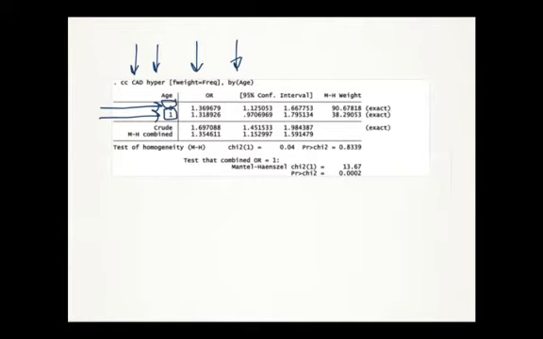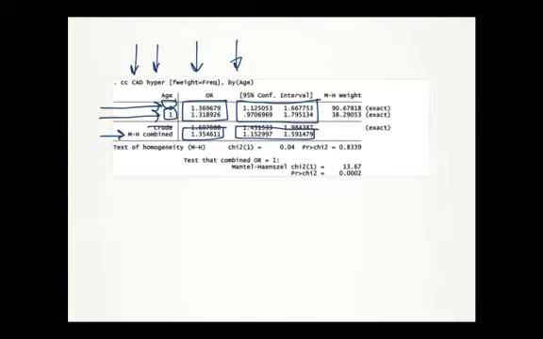So here we get an odds ratio in each group, with the corresponding 95% confidence intervals for them separately. And then here we get our Mantel-Haenszel combined odds ratio, which is 1.35. You can ignore this crude one. We get the corresponding 95% confidence interval for the combined odds ratio.